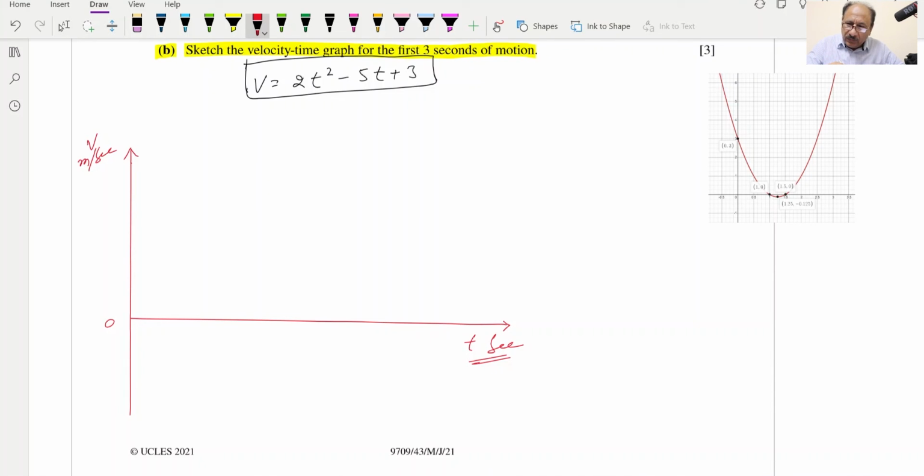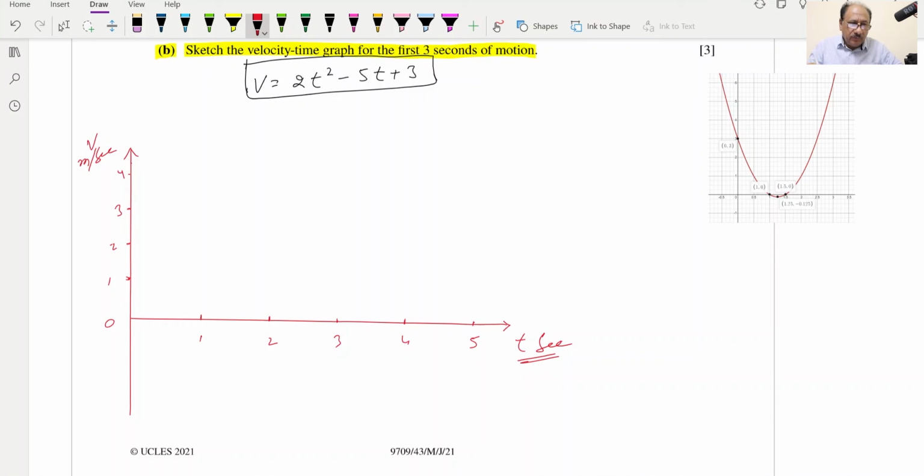Now we can take units: on this side 1, 2, 3, 4, 5, and on this side we can take a smaller height, 1, 2, 3 and 4.